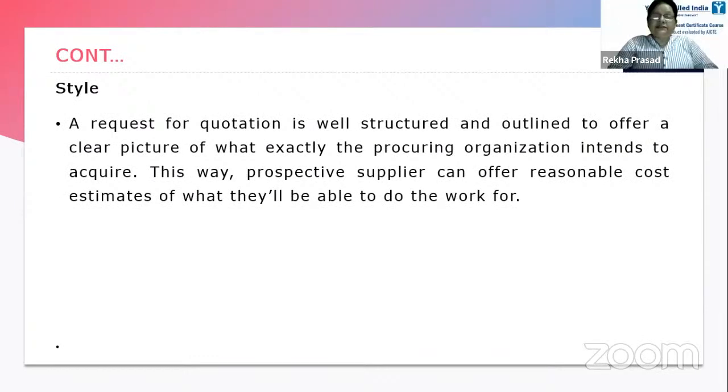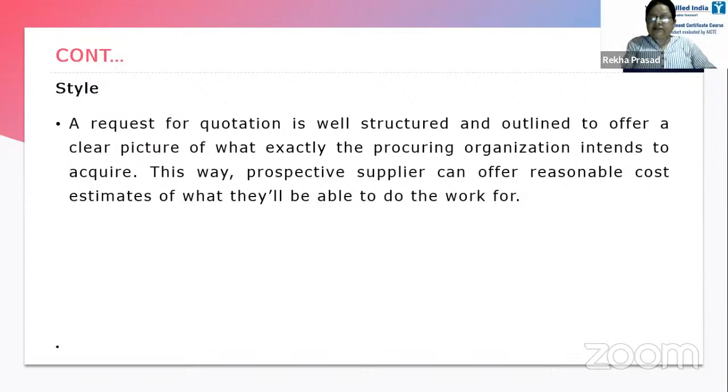So naturally, what should be the cost? A request for quotation is well structured and outlined to offer a clear picture of what exactly the procuring organization intends to acquire. This way, prospective suppliers can offer reasonable cost estimates of what they'll be able to do the work for.